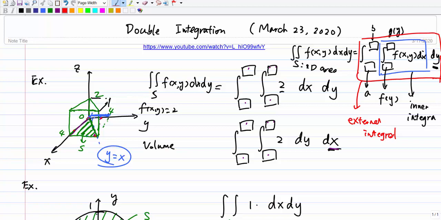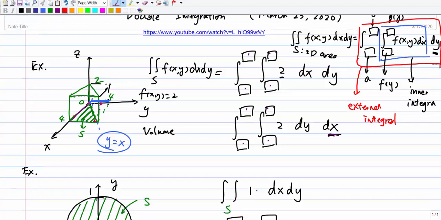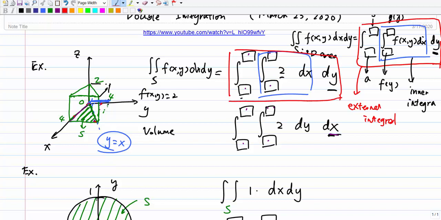Now according to the video I mentioned, the basic idea to figure out the bounds starts with the outside one. This is the inner one, and this is the outside one. For the outside one, just figure out the region for the area: what's the minimum y you have, and what's the maximum y you can select.